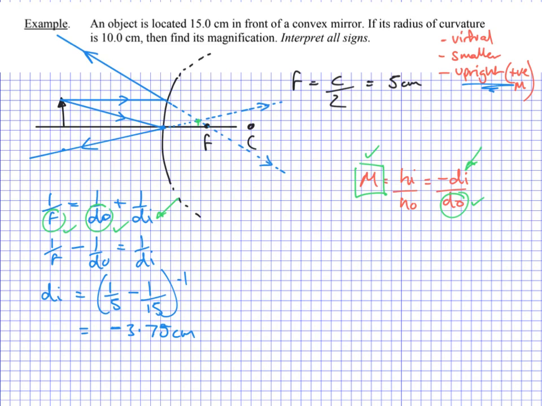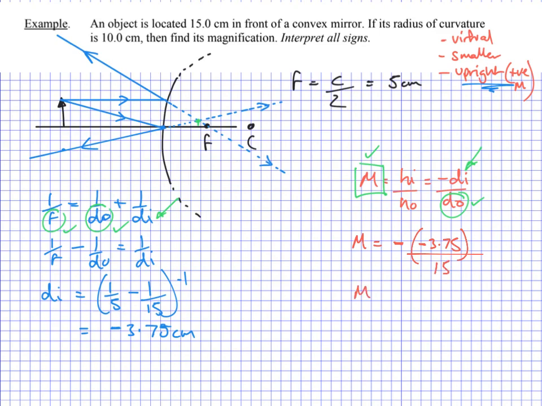Let's bring it over to this side of the equation, my magnification equation. So the magnification is going to be equal to, now the negative sign is important, it's going to take care of lots of things for us, we want to keep it there. But I've also got a negative value, so negative 3.75, that's my di that I just calculated, divided by the dO, which is 15.